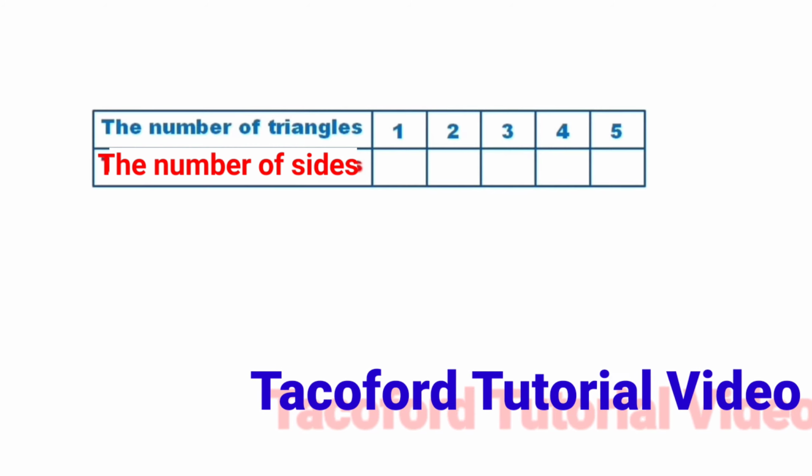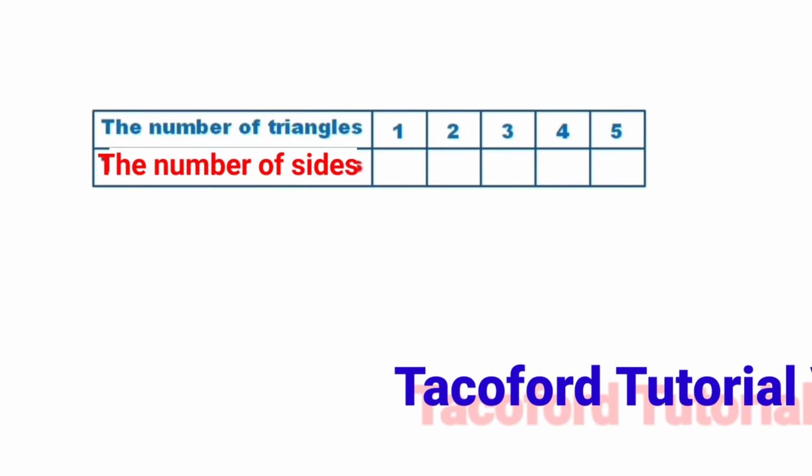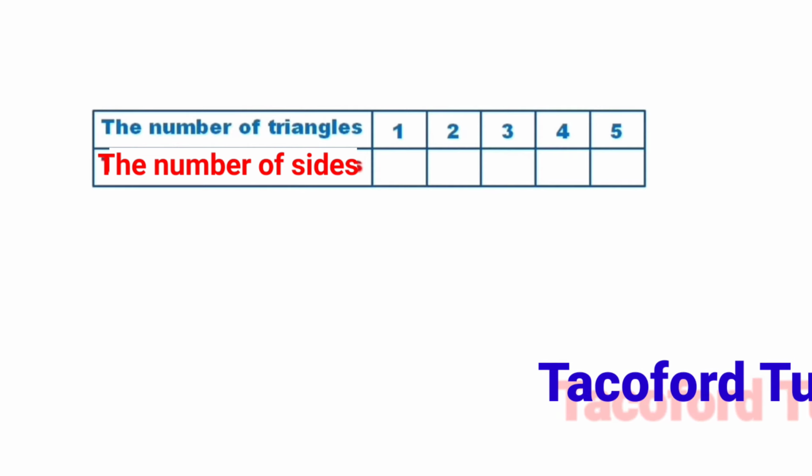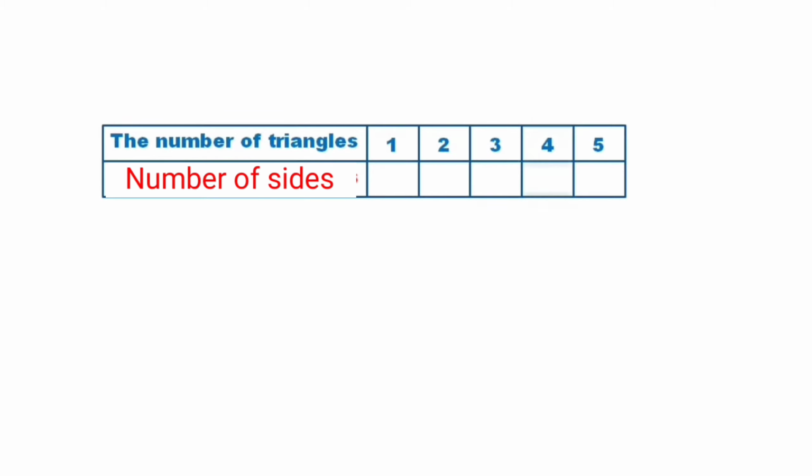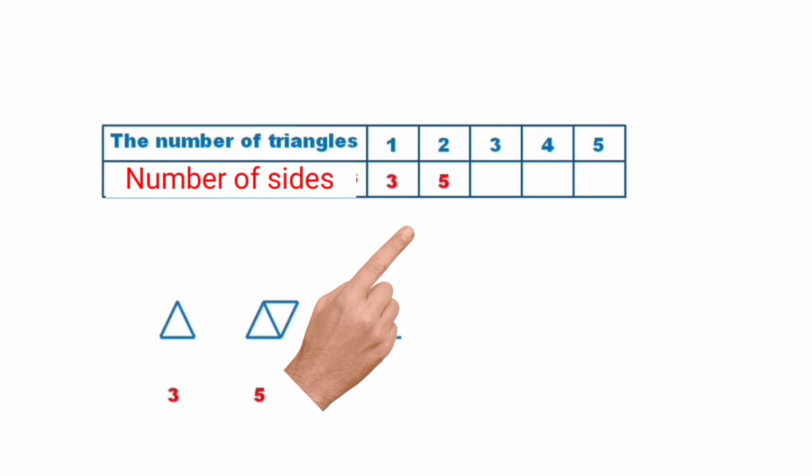Fill up the table of values given the number of triangles, listing down the number of sides in the given number of triangles. In a triangle, there are 3 sides. In 2 triangles, there are 5 sides.